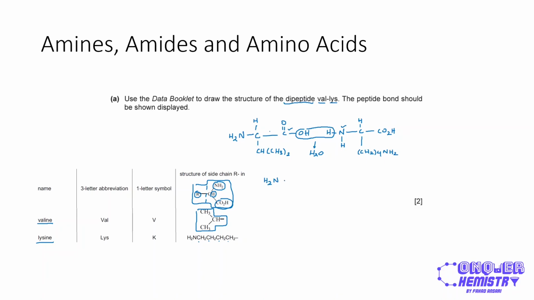So if I draw this again, it's going to be C double bond O and H, and then over here I have the CO2H on the other side that did not take part in this reaction. I'm just going to leave the rest of the structure undrawn, right?